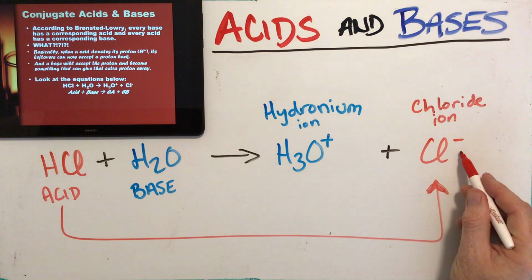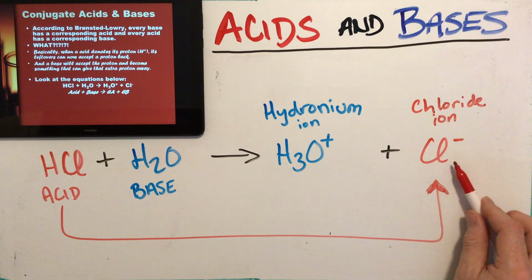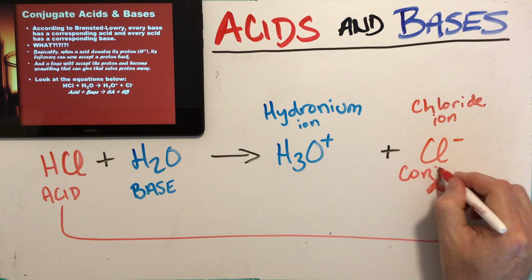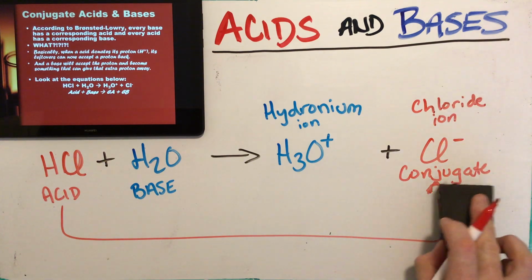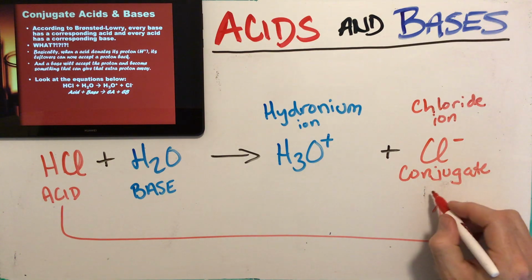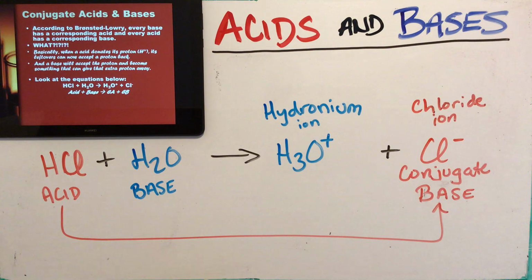This can accept a proton. It's negative, a proton's positive. I can add a proton to this. This is a proton acceptor. This is called my conjugate. I'm going to erase that little arrowhead there. Give me a little bit more room. This is my conjugate base.